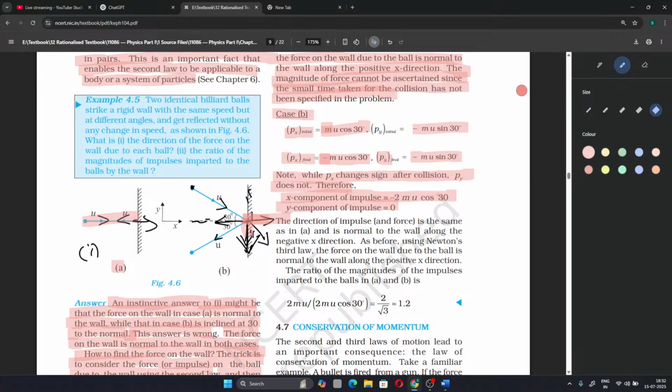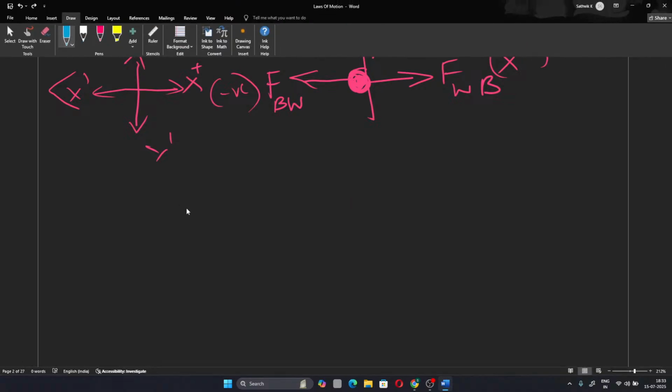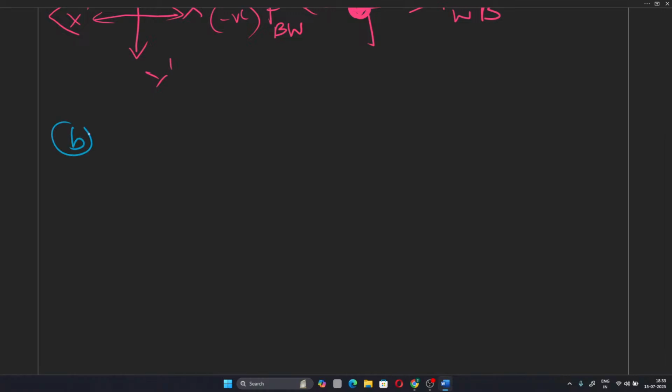Basically, the impulse is the change in momentum, and in the second case we have the inclined collision. The ball is making a 30-degree angle like this.